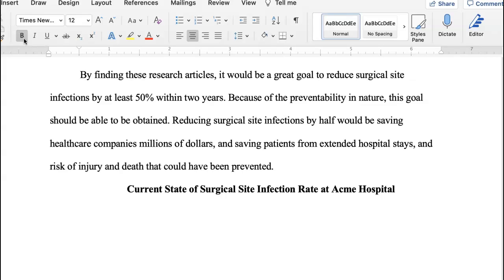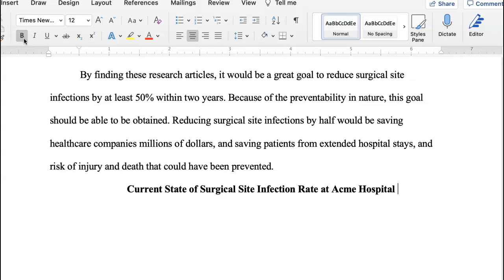But as you work through your interventions and you get to your results section, which is data analytics number 4, then you could say, because we did this intervention with a timer that went off and said, oh, your time's up on your antibiotic, you have to rerun it, or whatever your technological or information systems interventions were, then your results would be, we reduced our rate from 90% of a surgical site infection rate to 50% within a year.